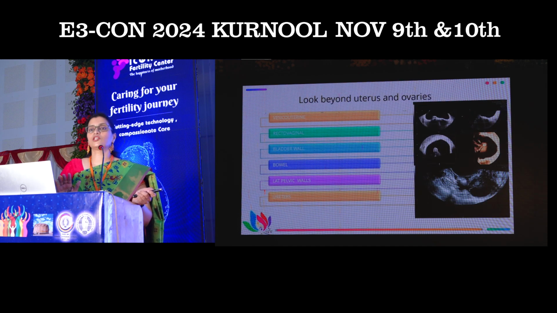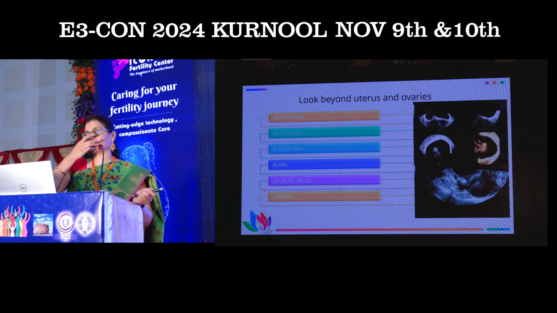And always look beyond the uterus and the ovaries, because most of the deep endometriosis are getting missed, especially when there is subfertility and when the patient complains of significant dysmenorrhea. And dynamic ultrasound also helps, because sometimes they will tell us that there is pain while scanning, there is probe tenderness. All these help in getting the best out of your transvaginal scan.